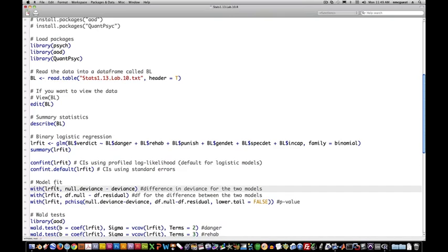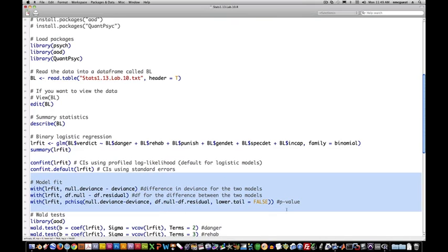So we can get the chi-square for that model, get the chi-square for our model, and then get the degrees of freedom for the null model and the degrees of freedom for our model, and then do a chi-square test to get a p-value to see if there's a significant difference. Now, since we have 3 significant predictors in the model, we know that this is going to come out to be significant, but this is just how you do it.